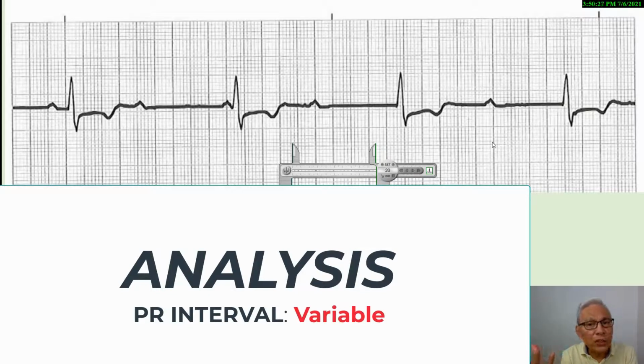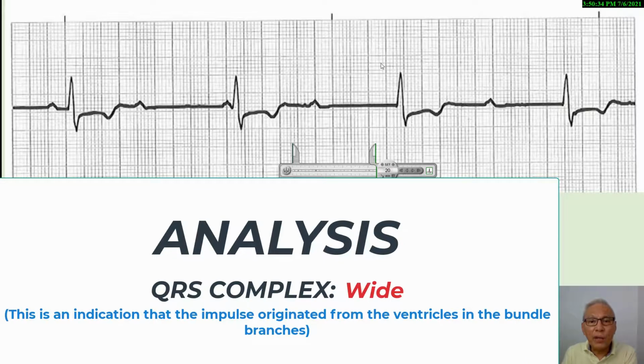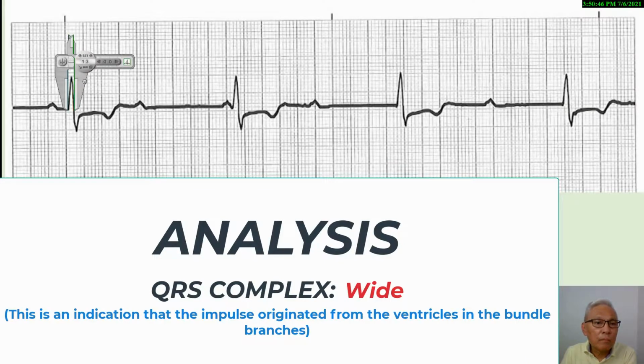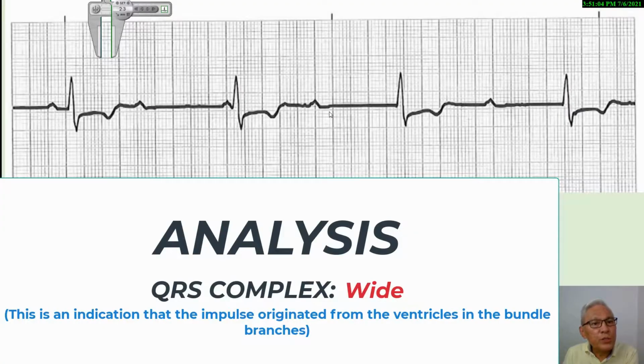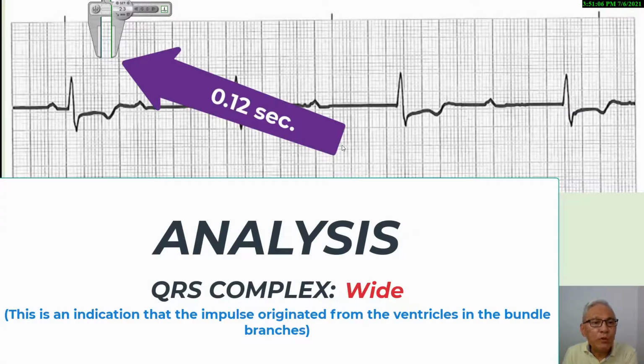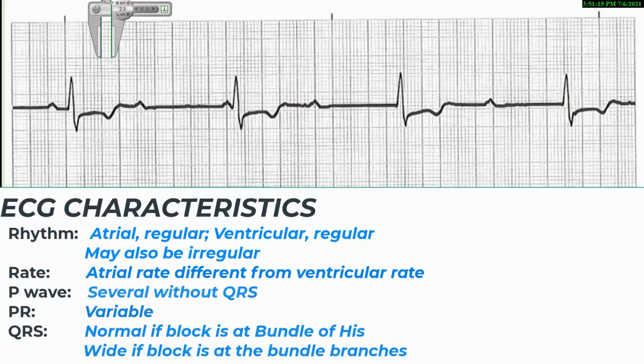Atrial contraction is not causing ventricular contraction. QRS complex. Let's measure the QRS. The QRS complex is 3 boxes, so it's abnormal. It's 0.12 seconds.